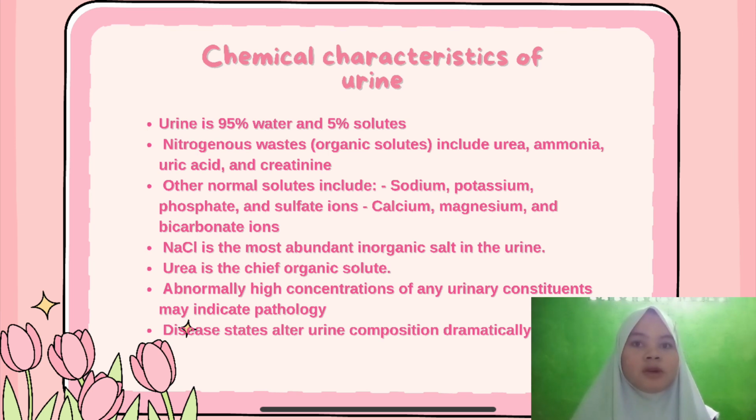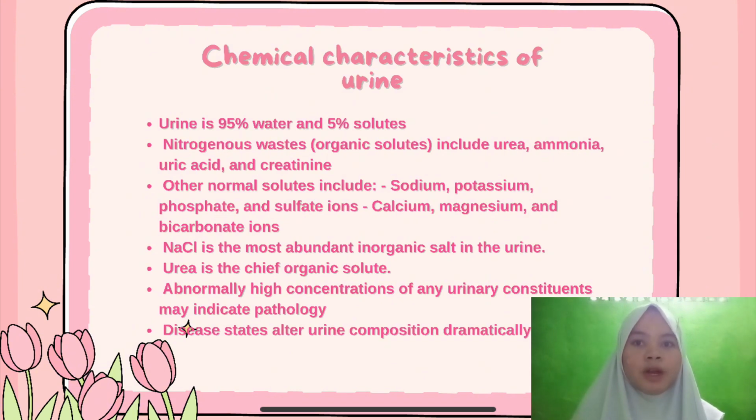Third, electrolytes, ions like sodium, potassium, chloride, and bicarbonate, which play a crucial role in maintaining fluid balance and pH. And another, creatinine, a waste product of muscle metabolism filtered by the kidneys and excreted in urine.